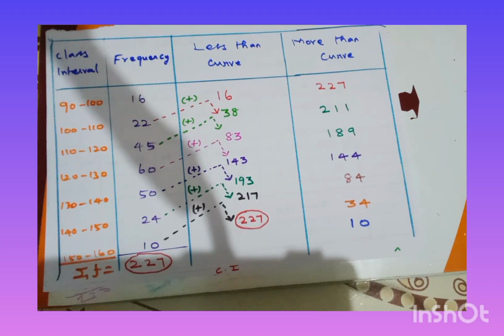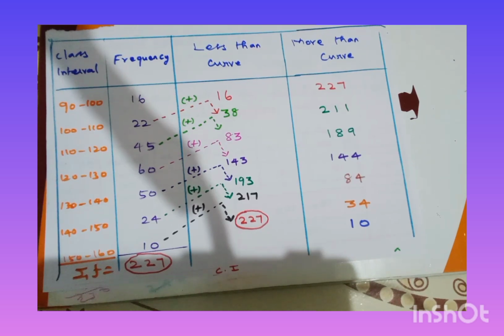So 22 plus 16, it is 38. And then take the third frequency, that is 45, add with the second cumulative frequency, 38. So 45 plus 38, 83. 60 plus 83, 143. 50 plus 143, 193. 24 plus 193, 217. So 10 plus 217, 227. Okay, this is the way you can calculate cumulative frequency or less than curve.